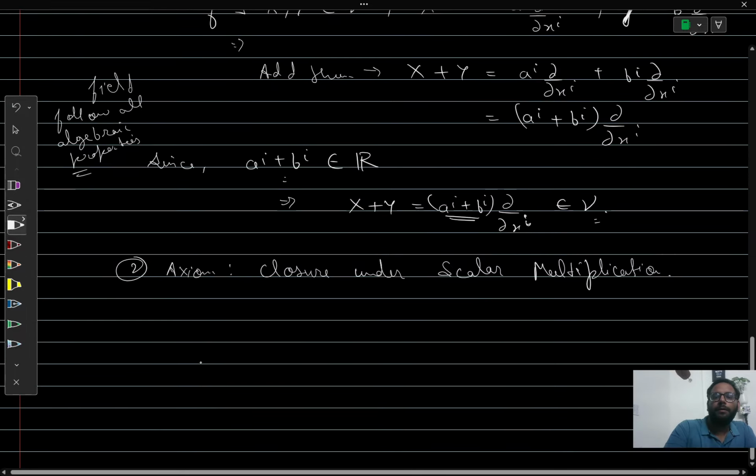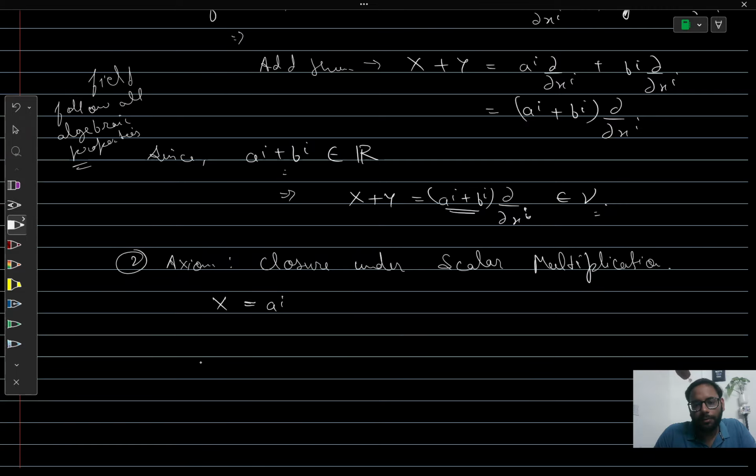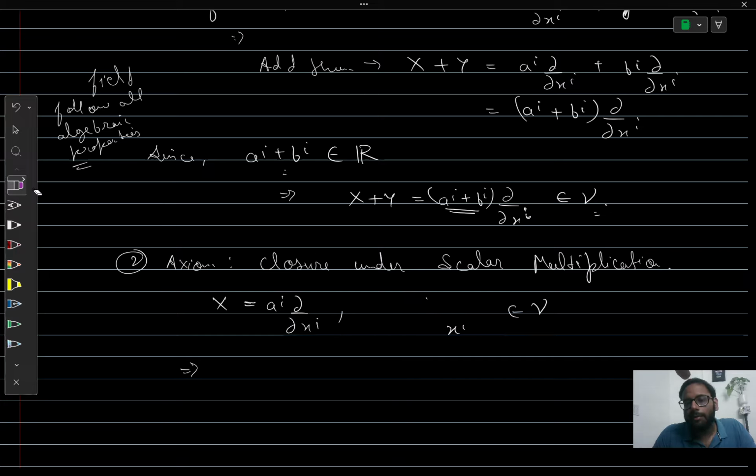Again, let x equal ai ∂/∂xi and y equal bi ∂/∂xi, and they both belong to the vector space. Now do a scalar multiplication, not a multiplication of vectors.